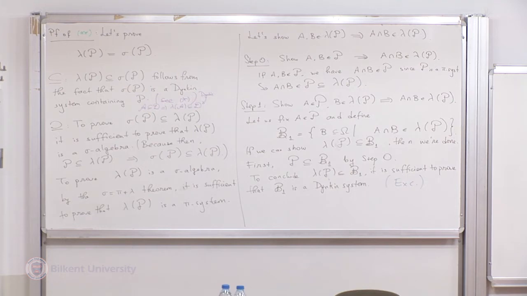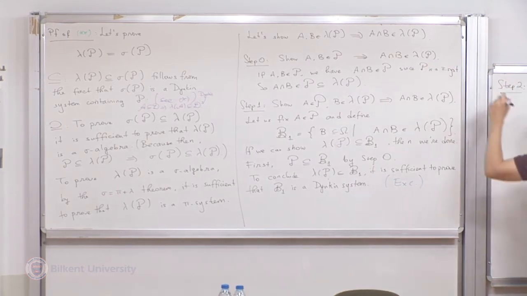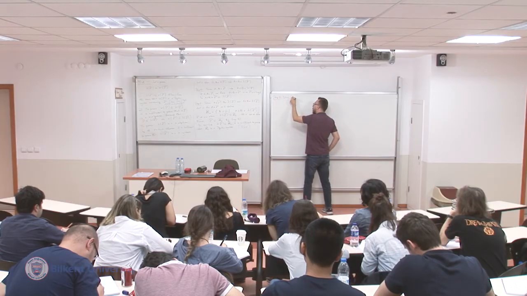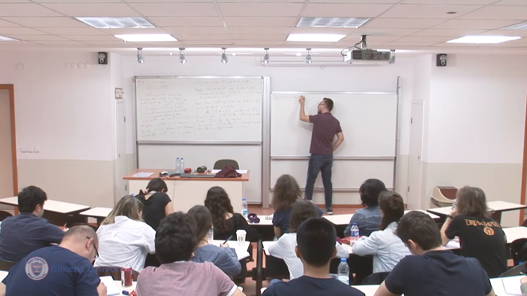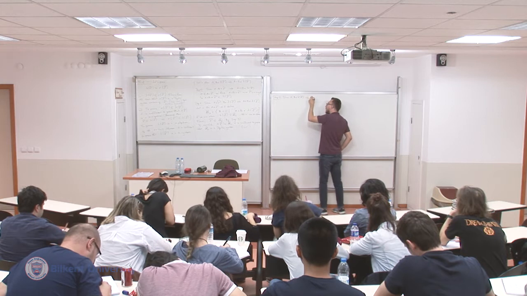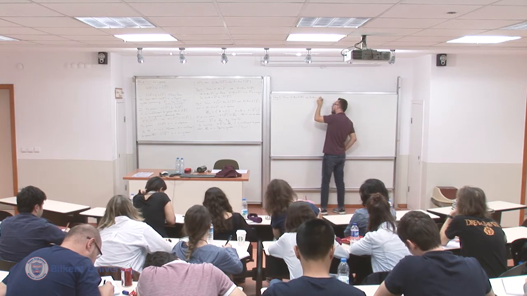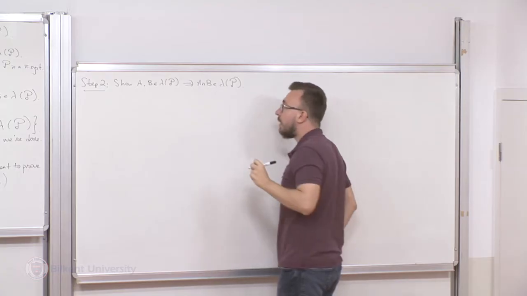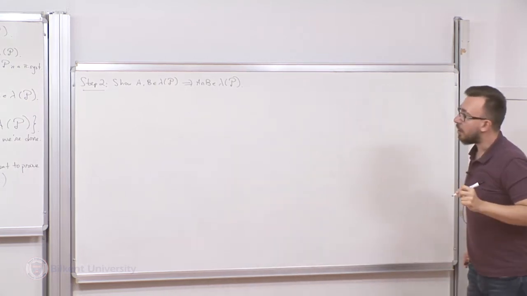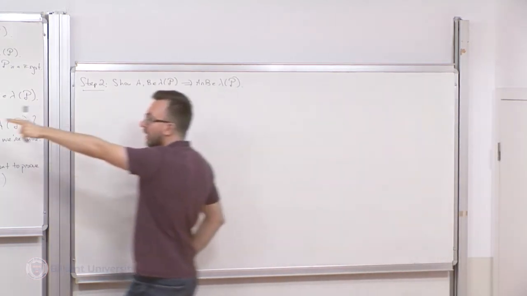With step 1. Let's do step 2. We're not done. We're not done because now we have to show A, B in lambda P implies A intersection B is in lambda P. We're going to use the same trick.